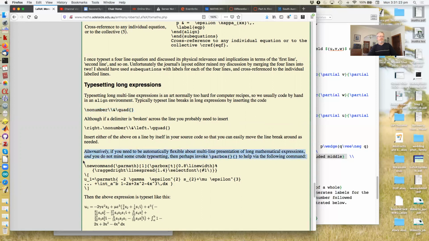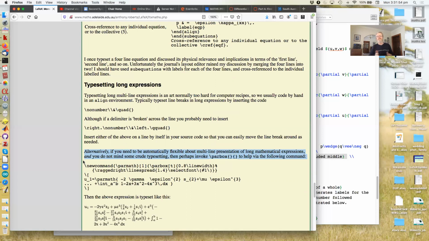The alternative, if you just want to be automatically flexible about multi-line presentation of long mathematical expressions, and you don't mind some crude typesetting, you can invoke Parbox. So one place where I do this is I run various web services that do computer algebra, and they output that computer algebra in LaTeX, which I then typeset for some user.